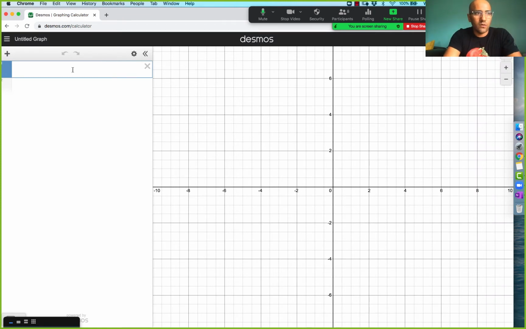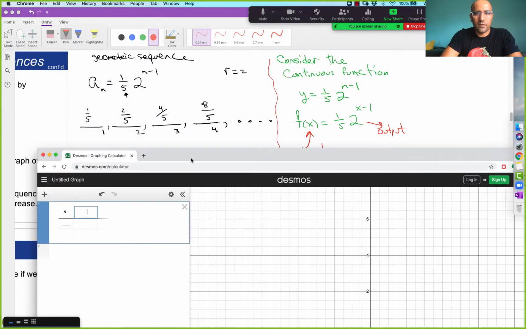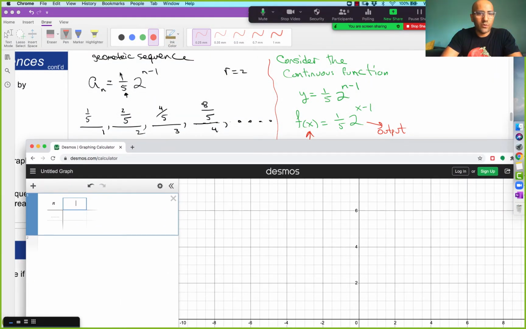Okay, so let's begin with a table of values where we had n, and the equation was, I forgot, was it 1/5? It was 1 divided by 5, and then 2 to the power of n minus 1.